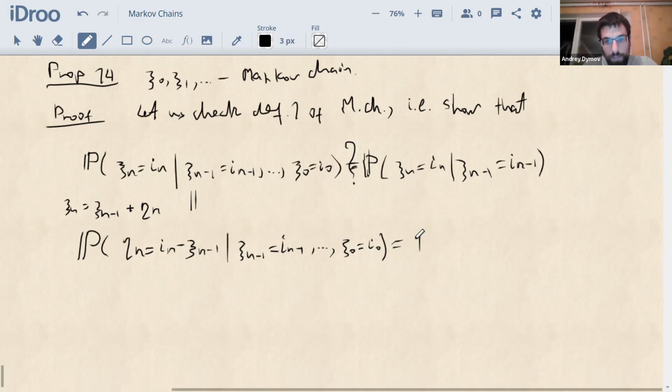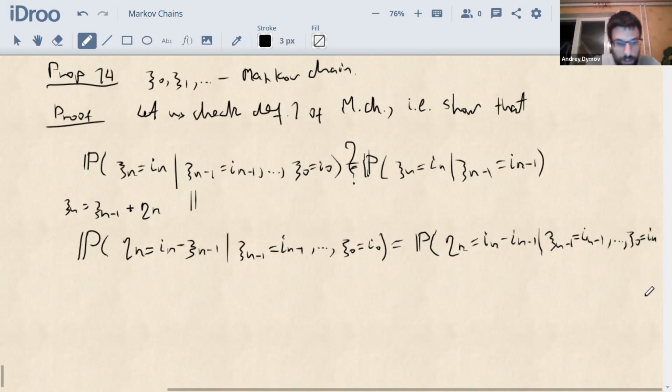I will directly write that eta_n equals i_n minus i_{n-1}, conditioning on the event that xi_{n-1} equals i_{n-1}, ..., xi_0 equals i_0.